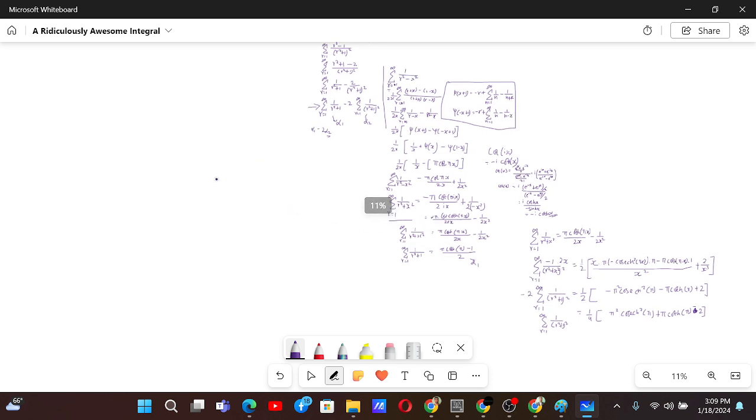Alpha 1 is pi cot as pi minus 1 by 2, times minus 2 times alpha 2, which is this long expression, pi square cosech square pi plus pi coth pi minus 2, and then by 4 as well. So this is our alpha 2.